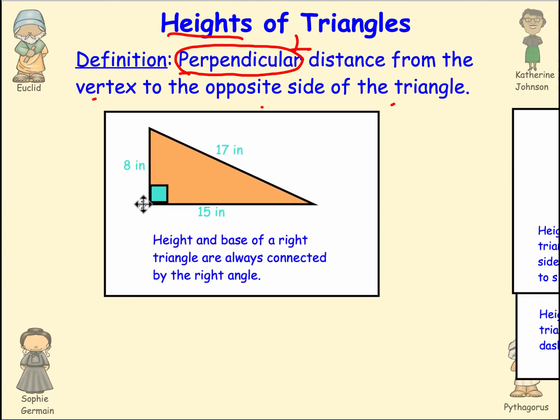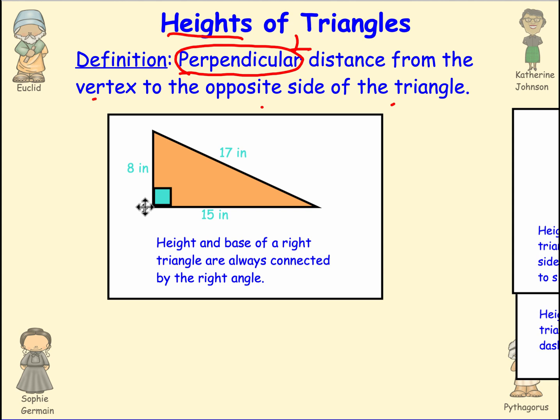And so the easiest ones to find are always going to be in a right triangle. So in a right triangle, the height and the base are always going to be connected by a right angle. And it doesn't matter which one's the base and which one's the height, but it's pretty easy to just say the tall one is the height and the bottom one is the base.